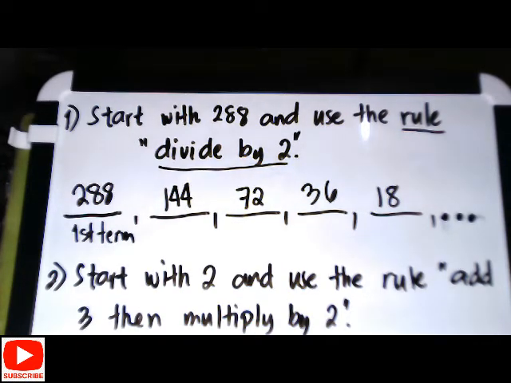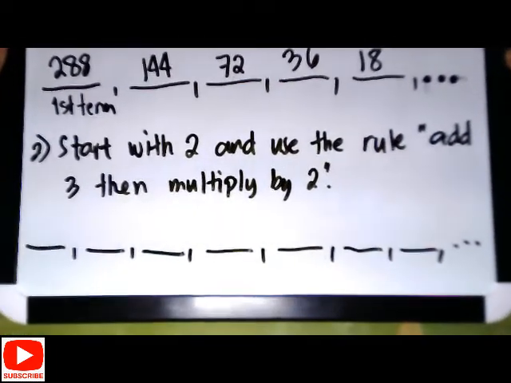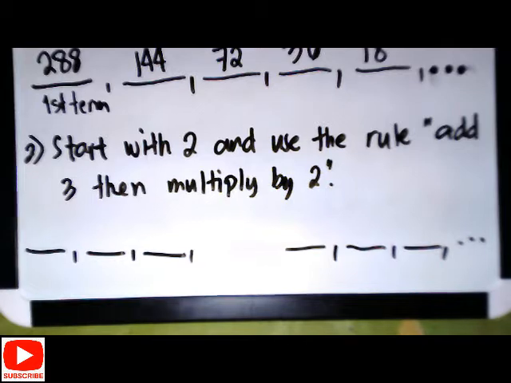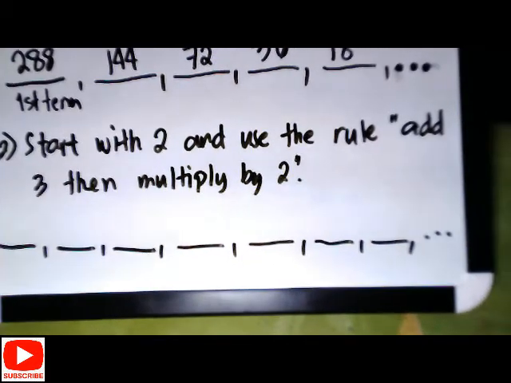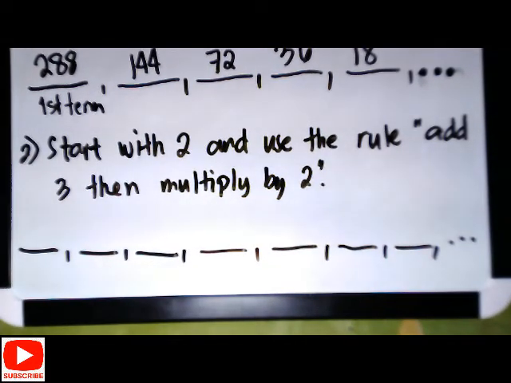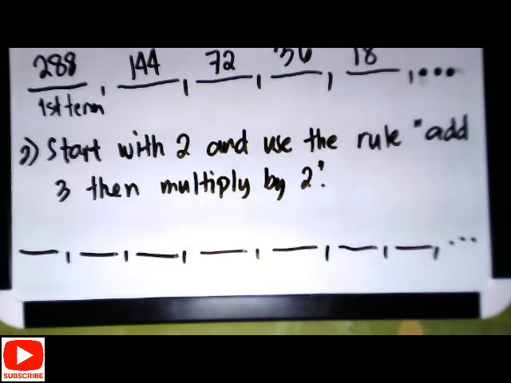Okay, let's try number 2. Start with 2 and use the rule add 3 then multiply by 2. So the first term here is 2.